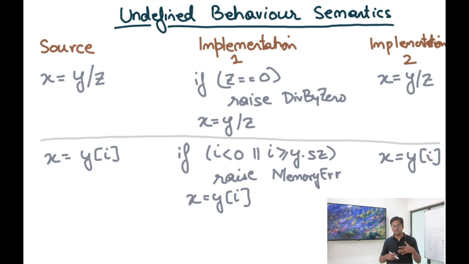All right, and this actually happens, because this is the basis of many security exploits, which are grouped under the category of buffer overflow attacks. A buffer overflow attack occurs because of these undefined behavior semantics in a language like C. And a language like C chooses undefined behavior semantics because it doesn't want to pay the performance cost of checking whether i belongs to the range or not and maintaining that state all the time.